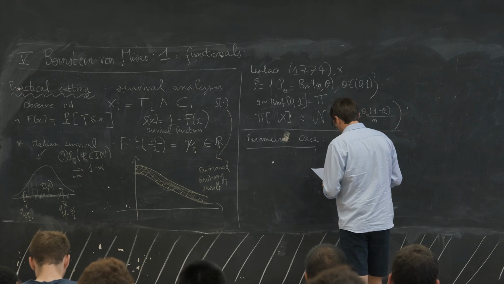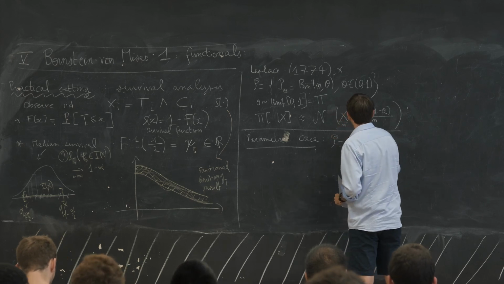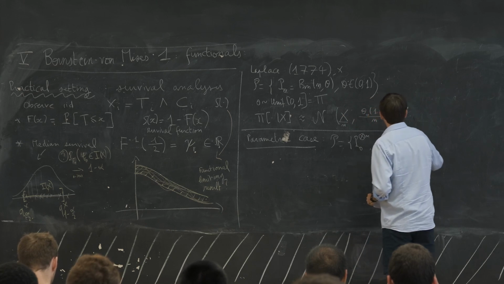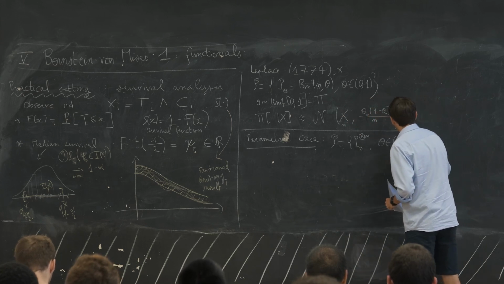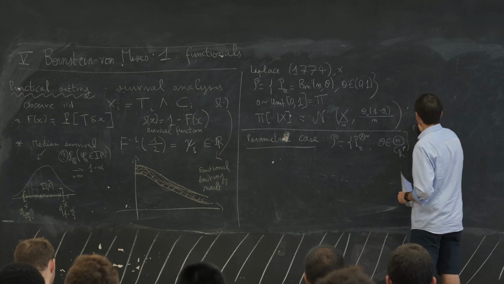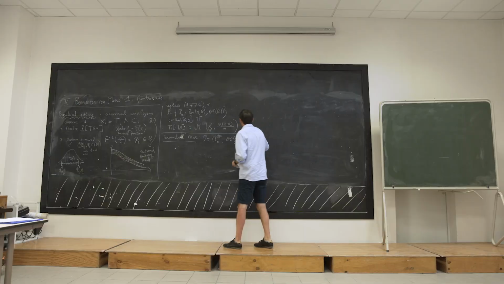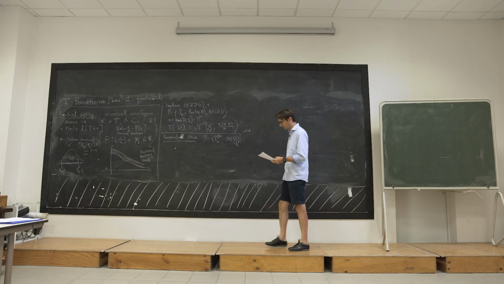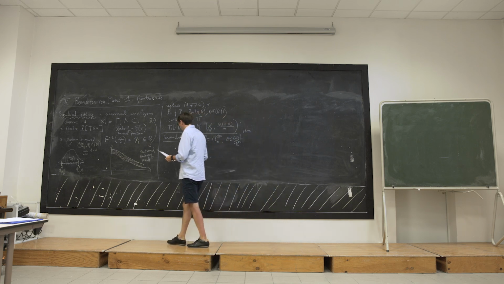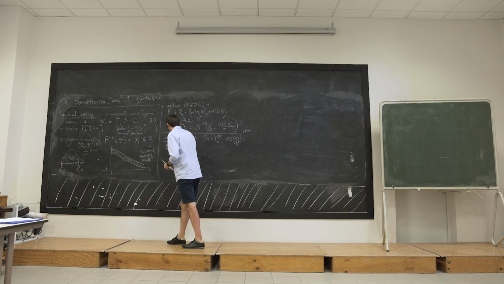Okay, so suppose we have a parametric model, IID data, and capital theta in R^p, with p fixed. I discuss essentially p equals 1 just for simplicity. Well, I'll set the result in R^p, but if you prefer, you can think in dimension 1.